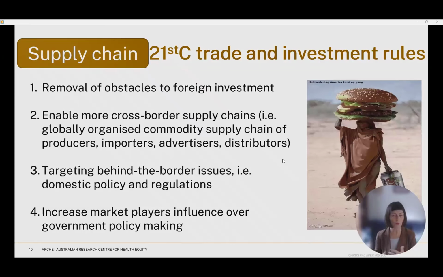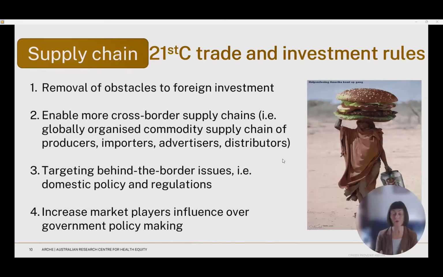It protects the way that companies operate in those jurisdictions. And again, in theory, that's not necessarily a bad thing, but what it can do is hamper government's ability to regulate those companies in ways that ensure the public interest or public health outcomes.